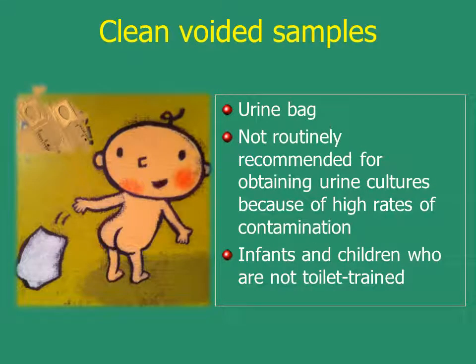Can clean voided samples be obtained in infants? A randomized controlled trial on the quick wee method proves that a clean voided sample can be successfully obtained in an infant. How is it done?